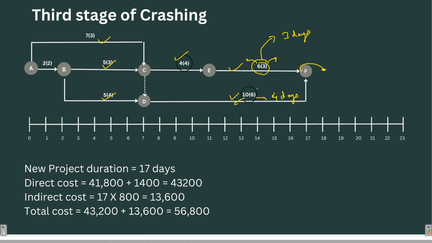So what will happen after crashing? All the crashing potential of EF will be gone. So it will become 3 days normal and 3 days crashed. And after reducing 3 days here, it will become 7 days and 6 days is the crash time. And event F, which is placed at 17, will come to the position of 14 days, right?